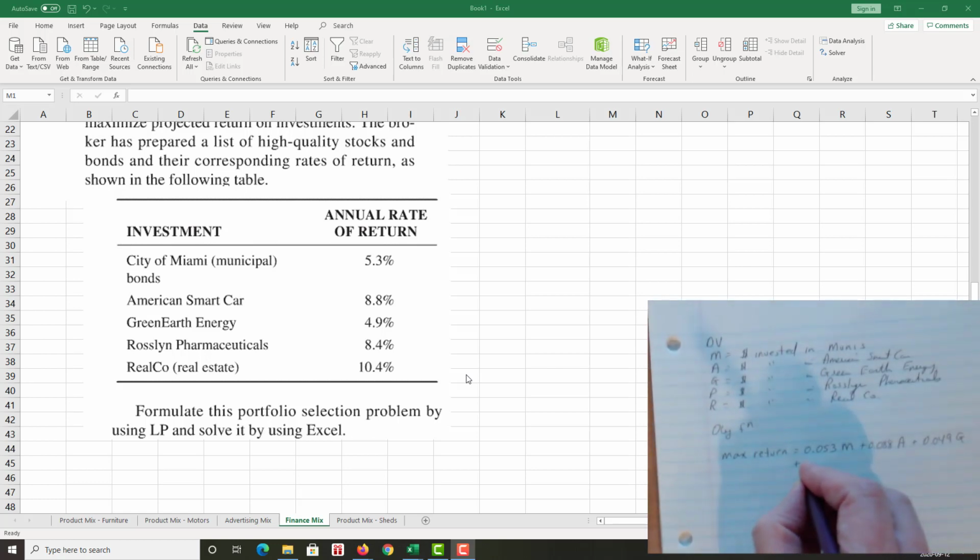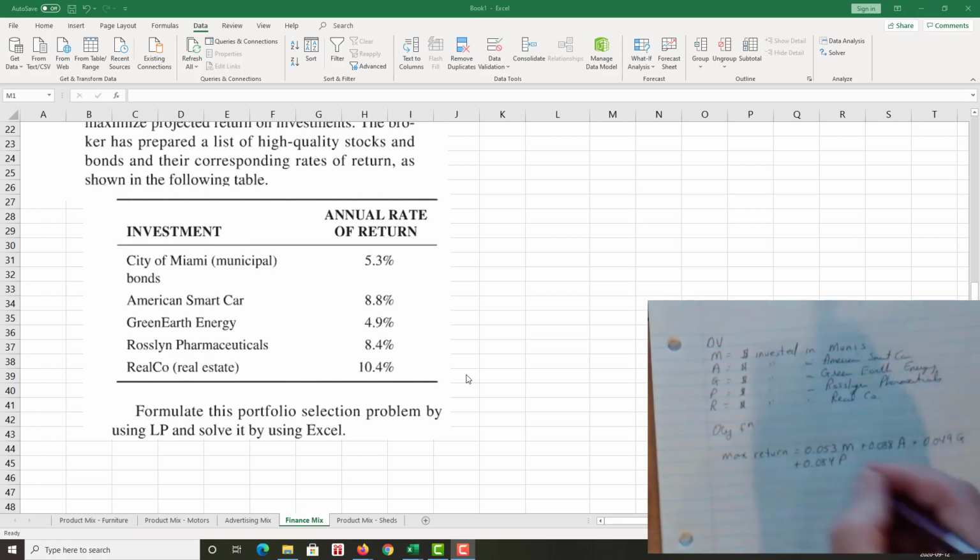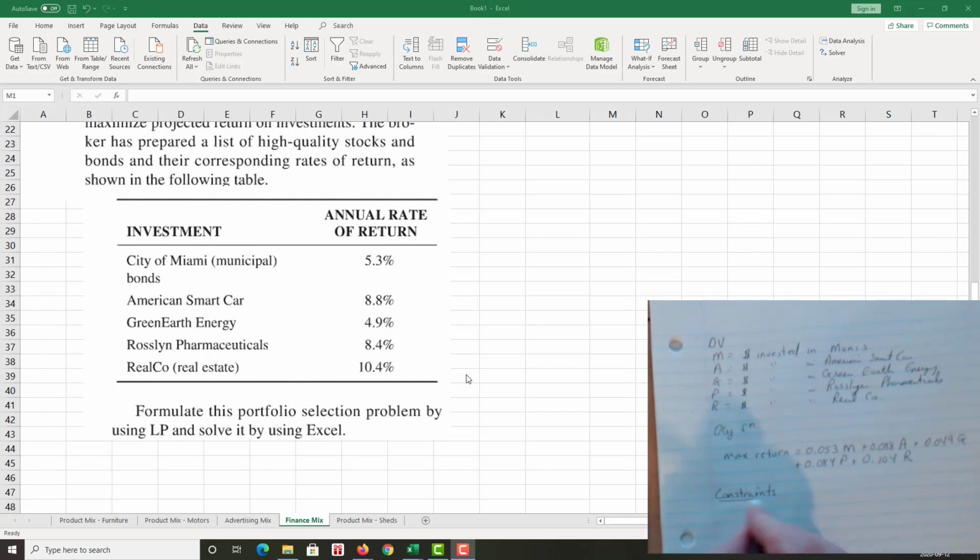Add to that the 0.084 invested in Roslyn Pharmaceuticals, and the 0.104 invested in Realco. So there's my objective function. Okay, so far not too bad. A few more decision variables than what we've had so far, but nothing we can't handle.